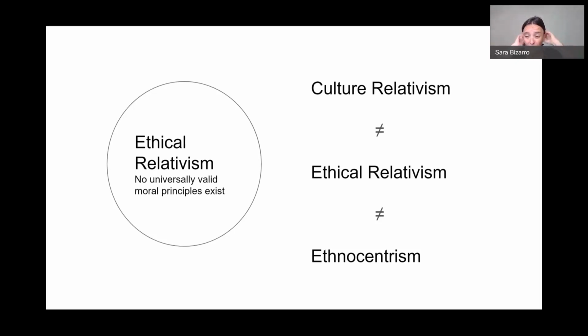So ethnocentrism is not the same as being an objectivist. I can look at different cultures and my own culture. In fact, when you look at other cultures, you might start questioning some traditions in your culture and wonder whether those are good or not.